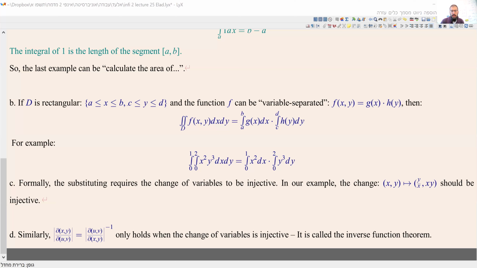Okay. Any questions about that? Okay. So let's go for another example.